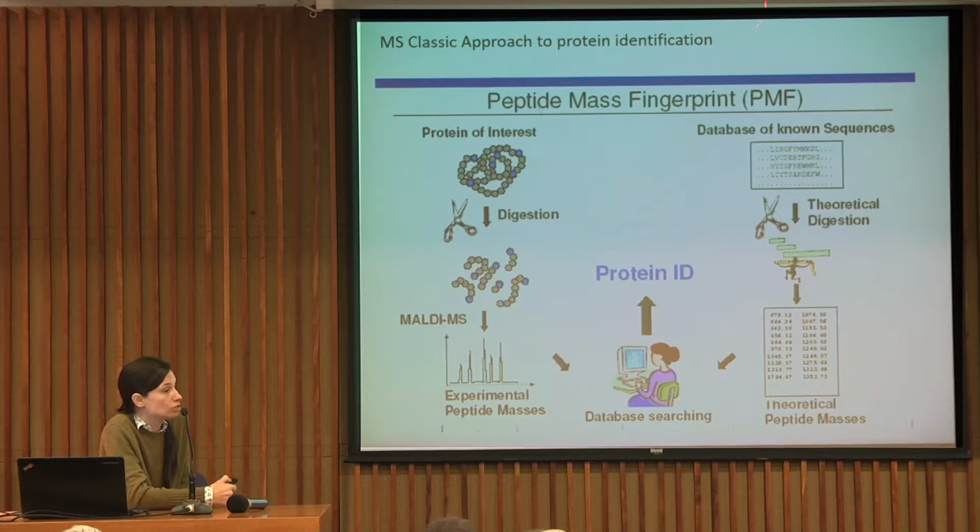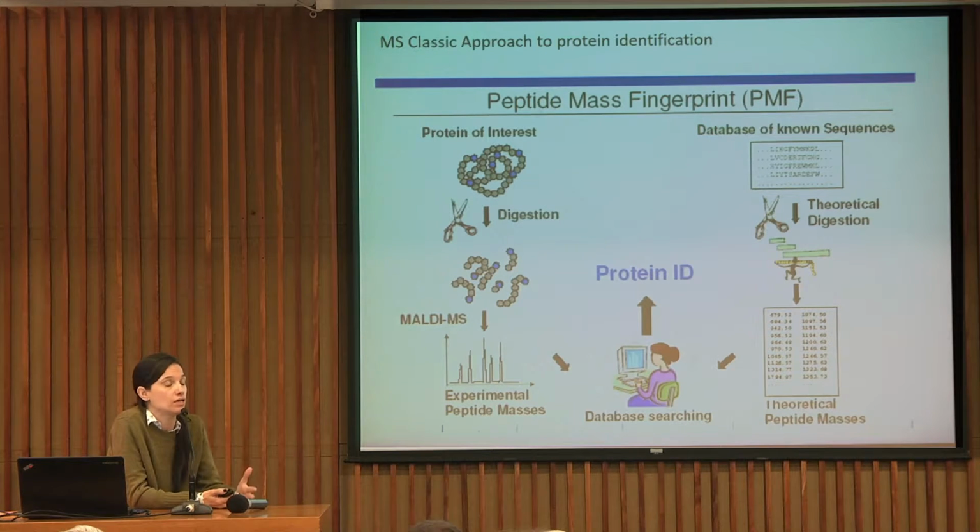So the first one is the MS classical approach for protein identification, also known as peptide mass fingerprinting. What we do here is we have a protein of interest or a group of proteins of interest. We digest the proteins with a site-specific protease, that is to say, a protease that has specific sites where it will cleave. The most commonly used enzyme for proteomics is trypsin.